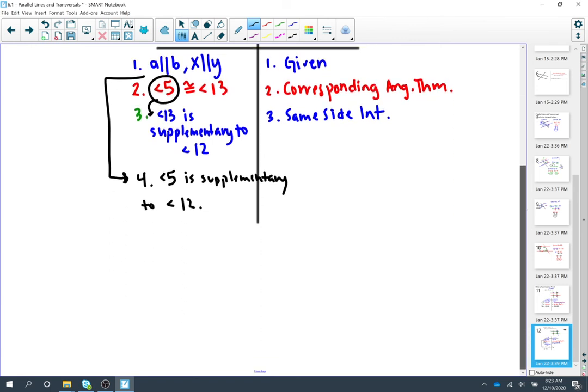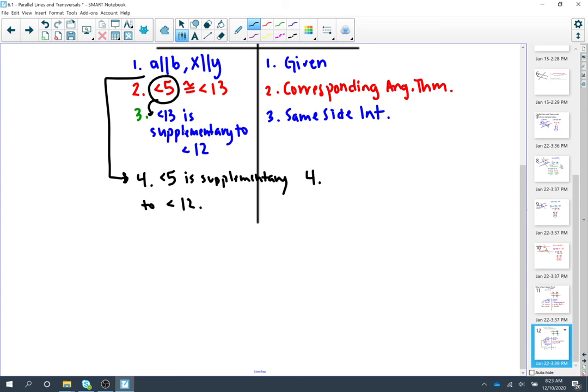Now, most of you at this point are going to want to put transitive here. That is not the transitive property. The transitive property is if you have a congruent and a congruent, or an equals and an equals. The transitive property only works when you're dealing with the same symbol. Okay? Here, this guy is congruent and this guy is supplementary.